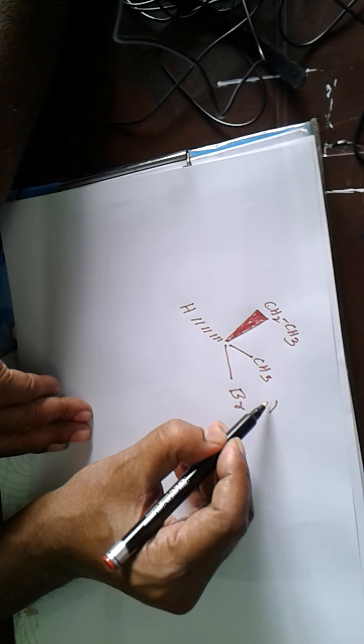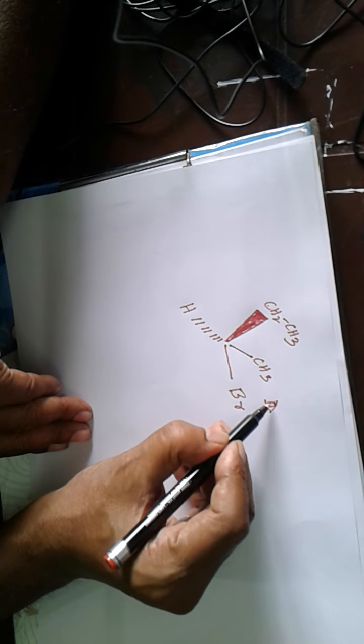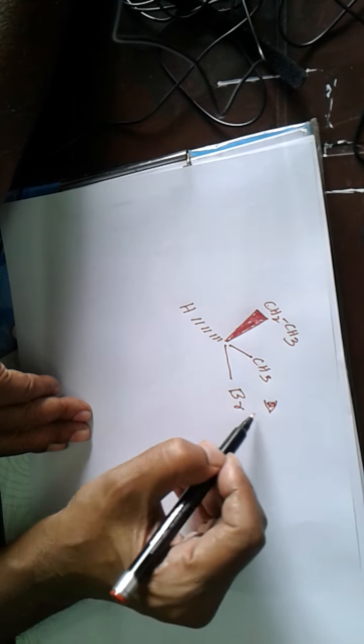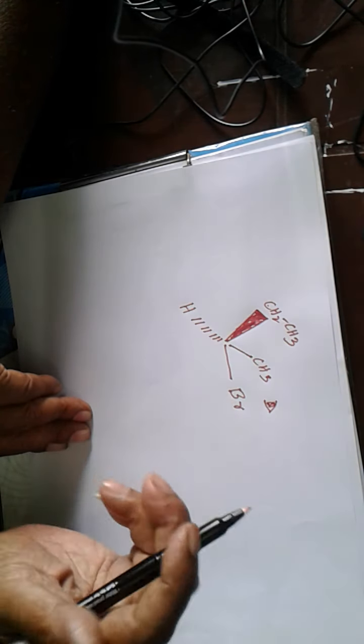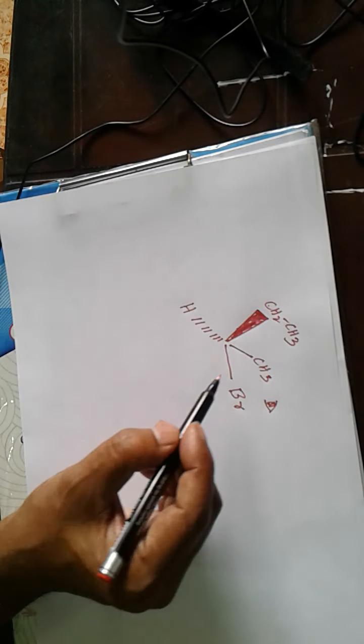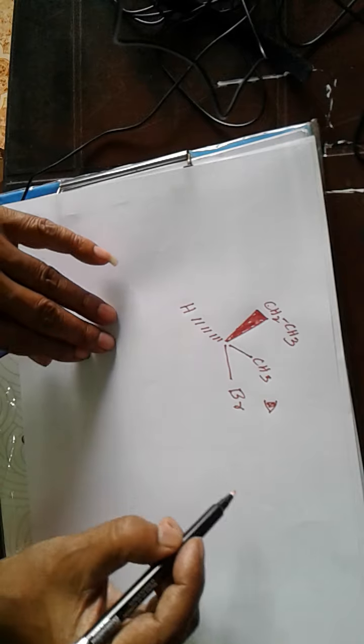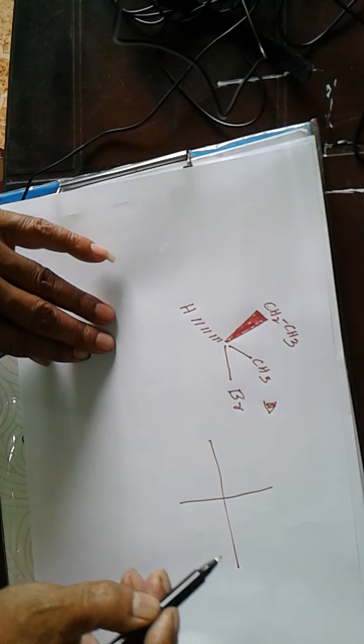Now looking in this direction, the observer is standing here and these groups are directed towards him. So those groups directed towards the observer in a horizontal plane should be written along the horizontal line.